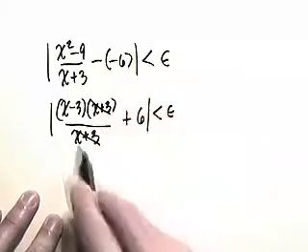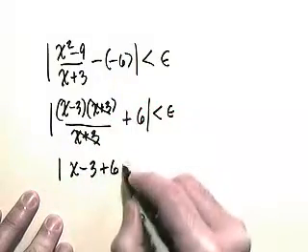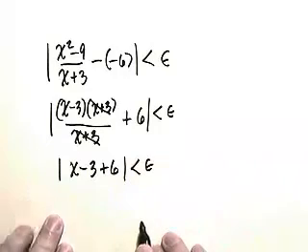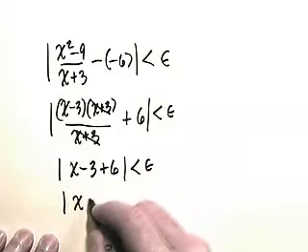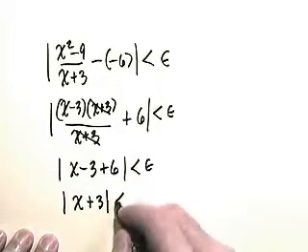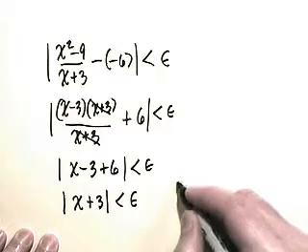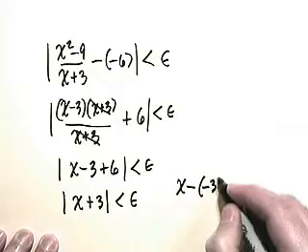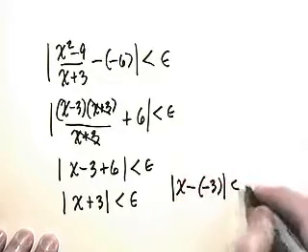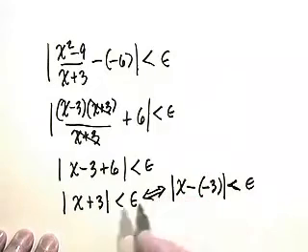That's the same as saying the absolute value of x plus 3 is less than epsilon. But notice x plus 3 is the same as the absolute value of x minus negative 3 being less than epsilon. So notice this inequality is the same as this, is the same as this, provided x is not equal to negative 3.